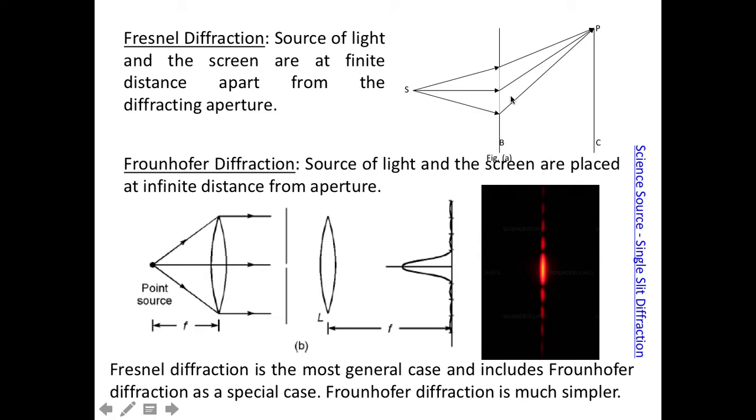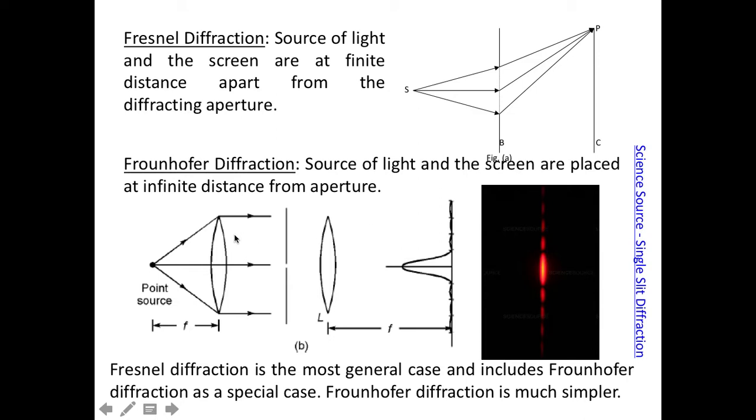In Fresnel diffraction, the source and the screen are kept at a finite distance from the diffracting aperture, whereas in Fraunhofer diffraction, the source and the screen are kept at infinite distance from the diffracting aperture.